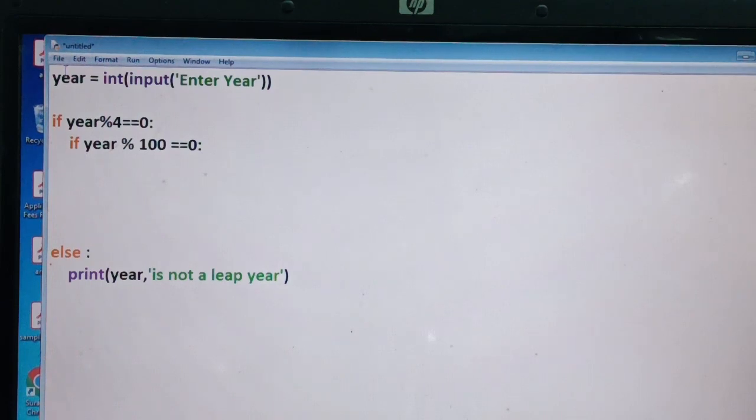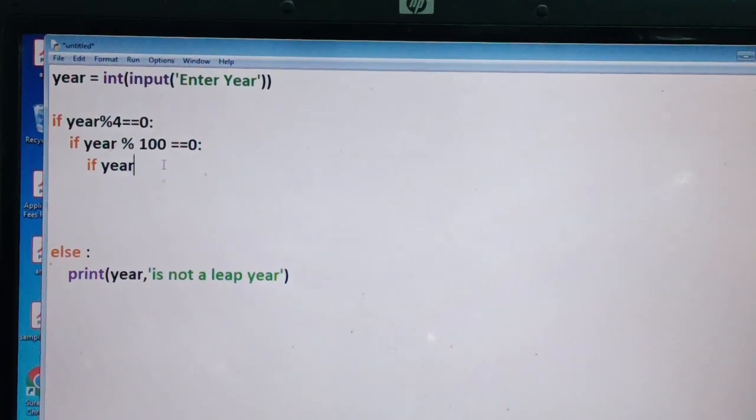But for a century year to be a leap year, it needs to be divisible by 400. So let's write the condition for it. We have checked whether the year is a century year with this condition. Suppose we have got a century year, so the century year check is done.